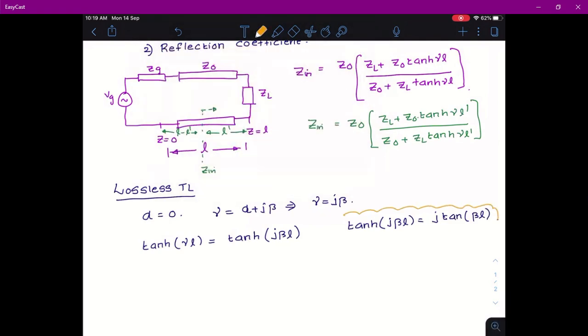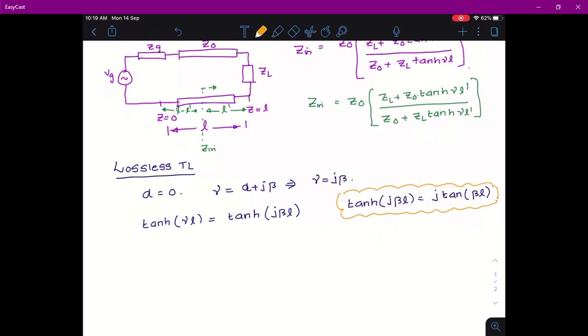So this is the expression for the hyperbolic tangent of a purely complex number or purely imaginary number.